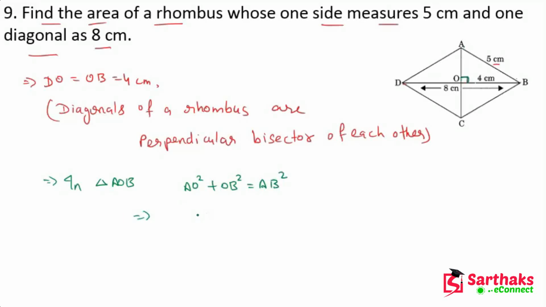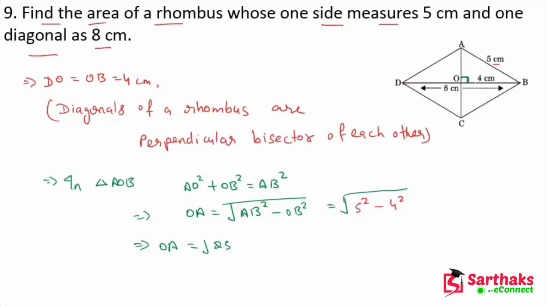From this we can find AO, which is equal to under root AB square minus OB square. AB is 5 square minus OB is 4 square. So OA is equal to under root of 25 minus 16, which is under root of 9, and this is equal to 3. So OA is 3 centimeter.